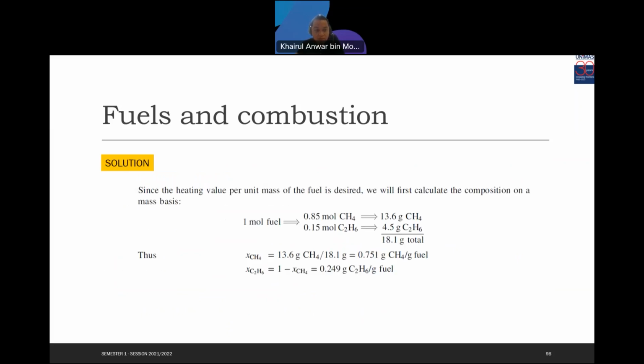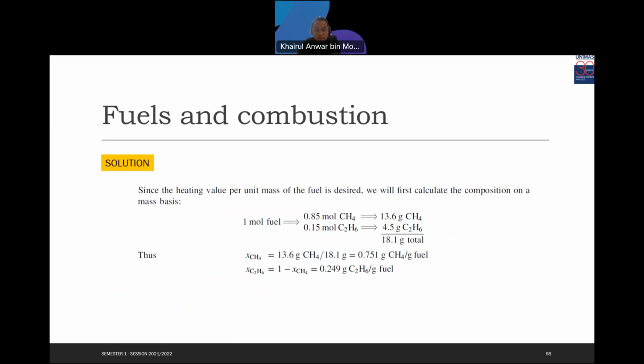Since the heating value per unit mass of the fuel is desired, we will first calculate the composition on a mass basis. So the basis is 1 mole of fuel, equal to 0.85 mole CH4, methane, and 0.15 mole ethane, C2H6.